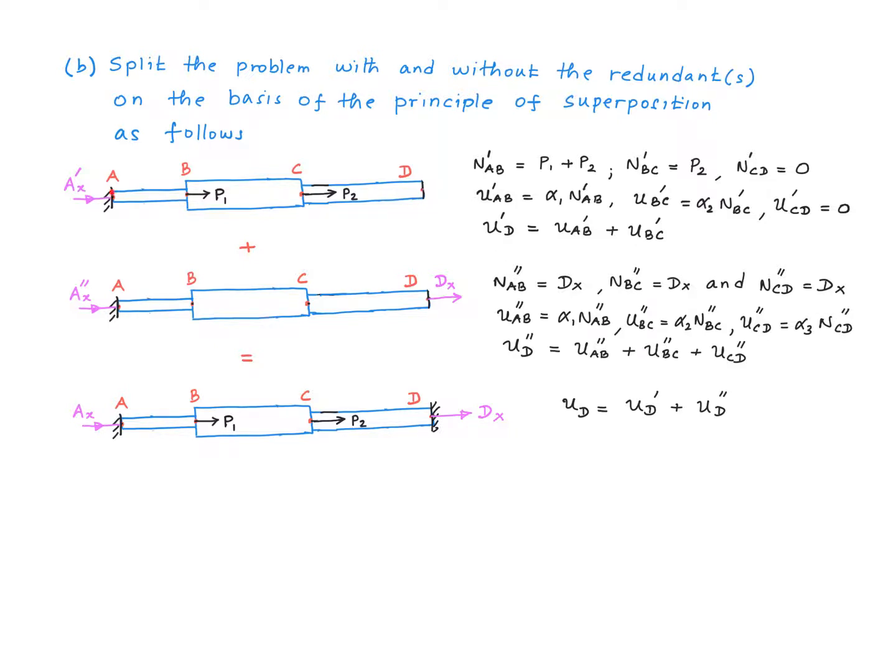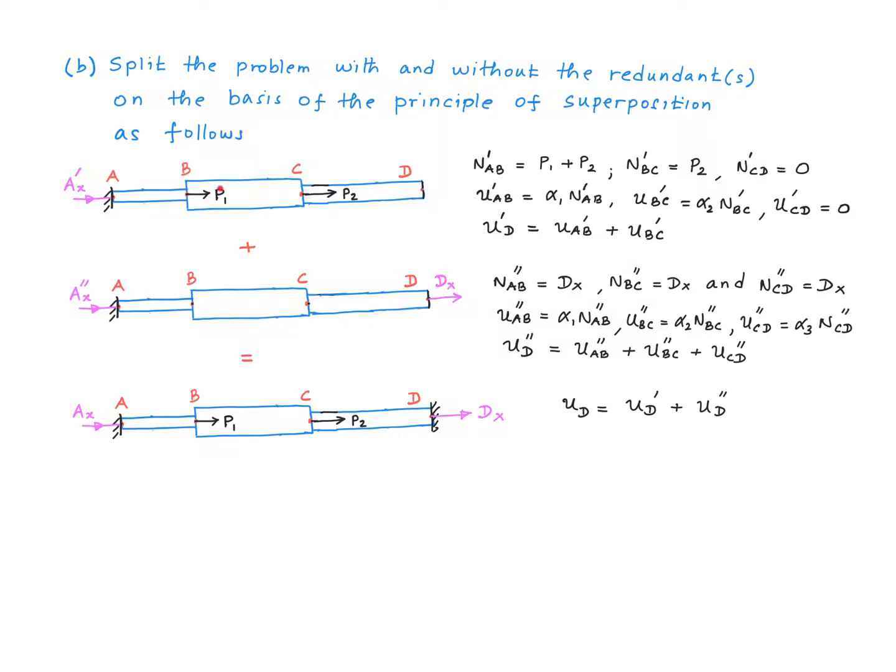There are two reactions and one of those is redundant, right? So you're going to treat this as the redundant and remove it. When you remove it, there's just one reaction, and therefore this is a statically determinate problem, right? In the second picture, we take this reaction and put that back in there like an external force, all right?